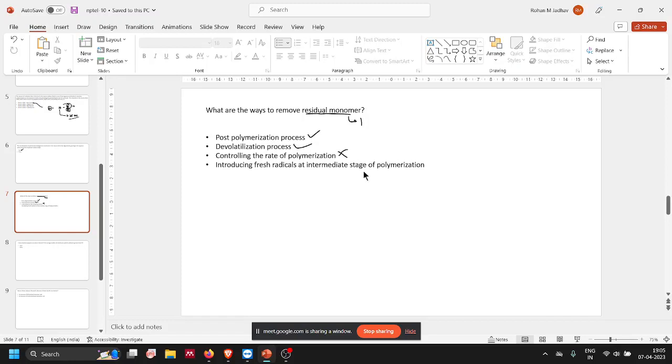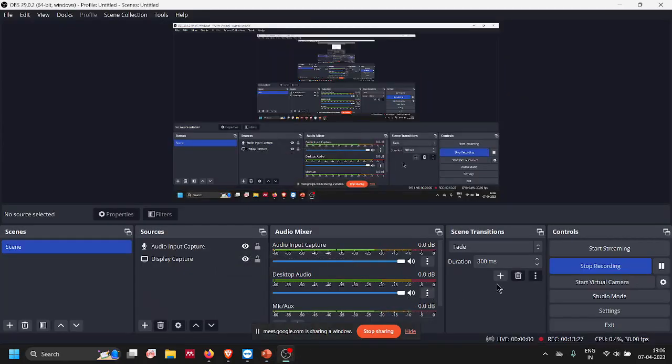Introducing fresh radicals at the intermediate stage of polymerization won't be helpful either, as the polymerization process is underway, and at that point, the formation of any new species might get hindered because of the introduction of radicals at this intermediate stage.